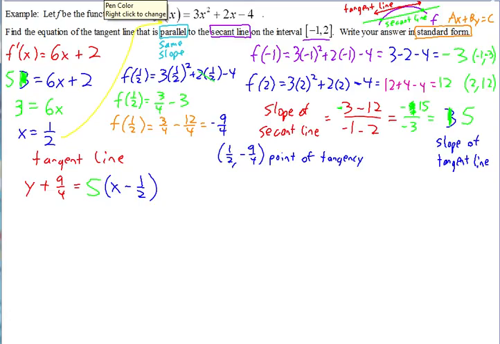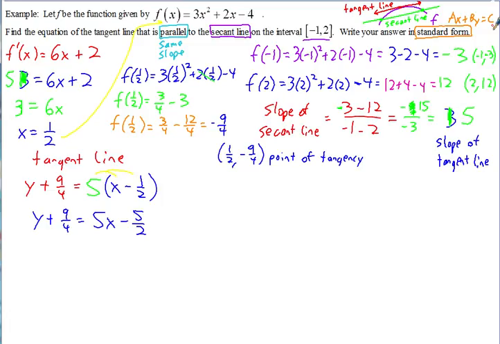Then to get to standard form, first we distribute the 5 over the parentheses. We have y plus 9/4 equals 5x minus 5/2. And then in standard form we want the x's and y's on the left and the constant term on the right.